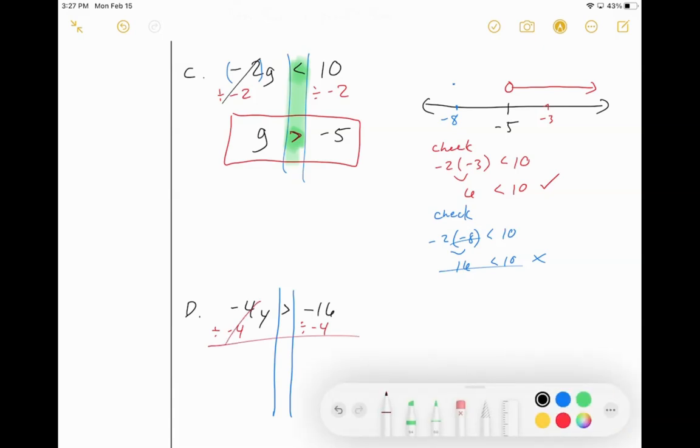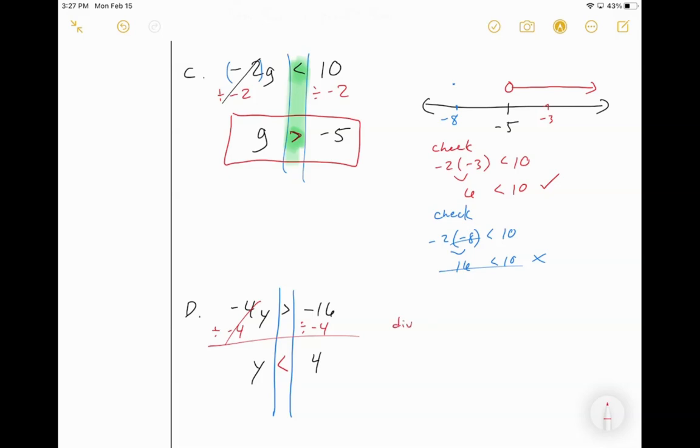That cancels out, and all I'm left with is y. Negative 16 divided by negative 4 is positive 4. And then again, I have a greater than, which is going to flip over to a less than because I divided by a negative. So again, what happened here? I divided by a negative 4, so I flipped the inequality.